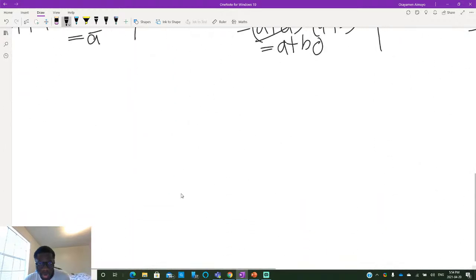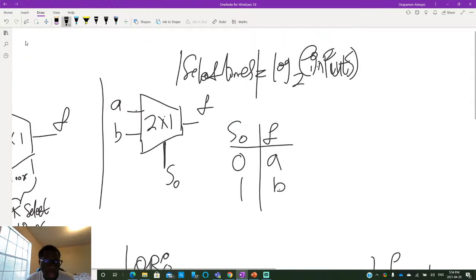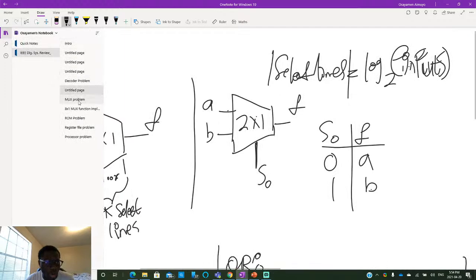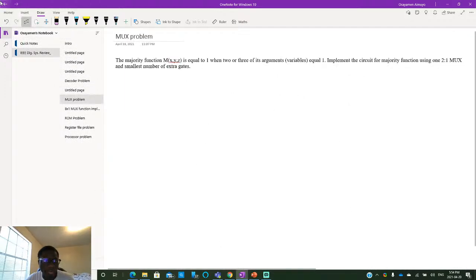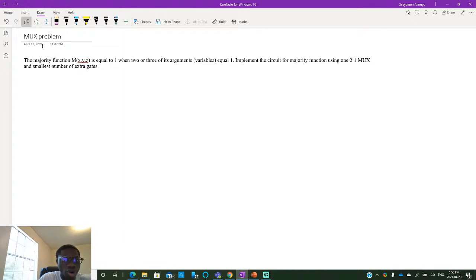Let me see if there's anything else. Okay, so now I think we should be ready to work on the problem. We have the majority function. It's equal to 1 when 2 or 3 of its arguments equal 1. So basically, we need to implement this circuit using just one 2 by 1 mux and the smallest number of extra gates. Let's draw the truth table for this.